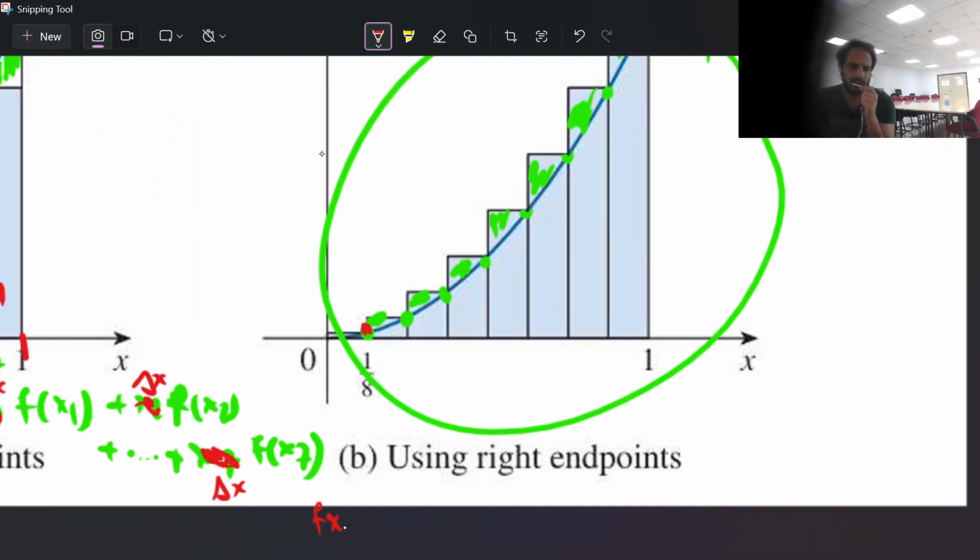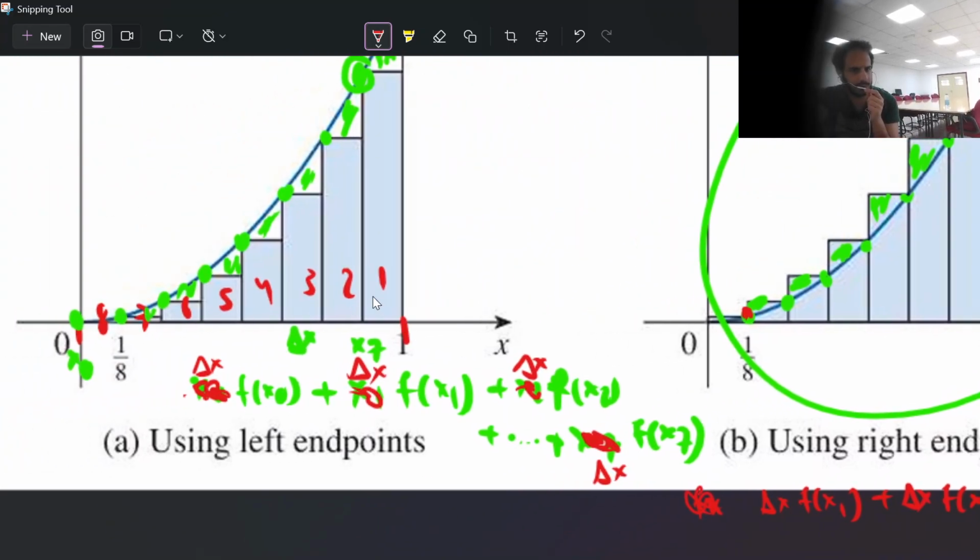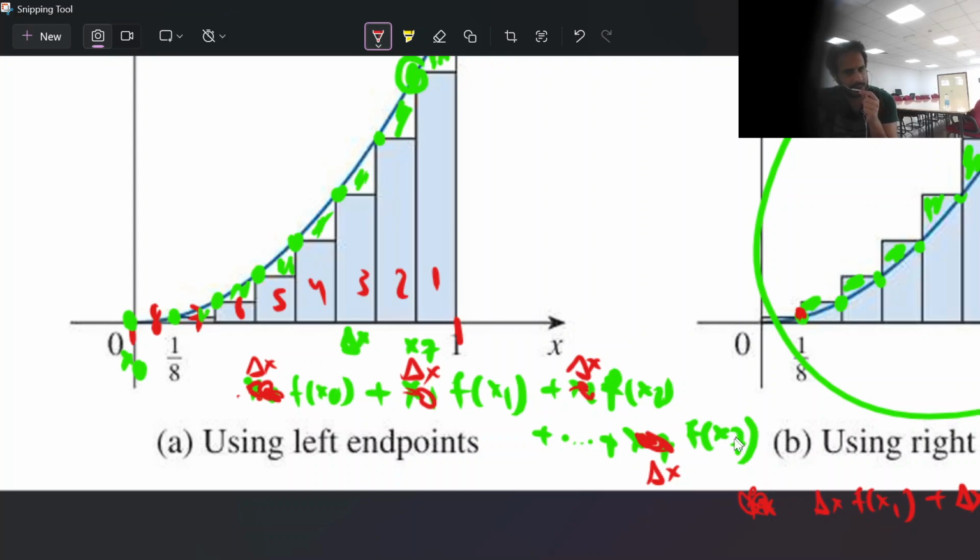So you have delta x f of x1, plus delta x f of x2, plus, up to delta x f of x8. So when it's right endpoints, you start at x1 and you stop at xn, more generally xn, but here it's 8. For left endpoints, you start at x0 and you stop at xn minus 1. Here it's 7, because n is 8, minus 1 is 7, okay?